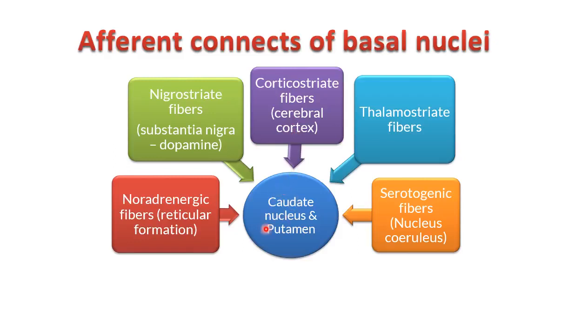Then they also receive fibers from other parts of the cortex, like from the hippocampus through the fornix. And also from the olfactory and entorhinal areas. They also receive fibers from the premotor area and the parietal lobe.